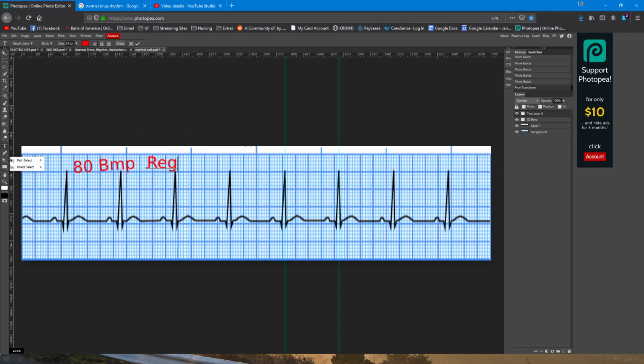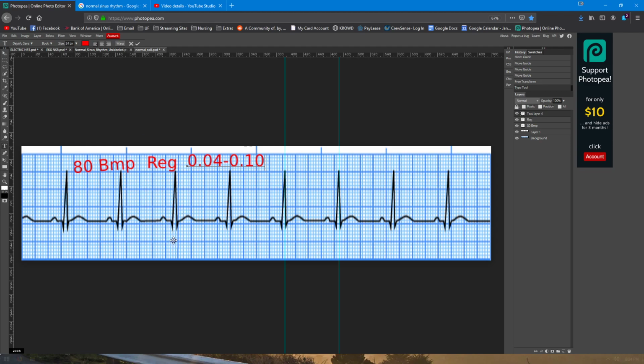Very important. Our QRS complexes are considered narrow, so we don't want it too wide. We want it to be 0.04 to 0.10. That's for this class specifically. I've seen more. I would personally say more is a regular QRS, unless we start talking about bundle branch blocks, which are another thing in total.